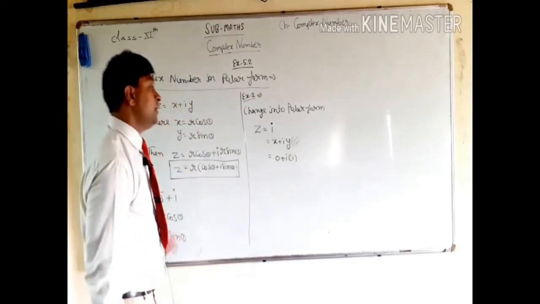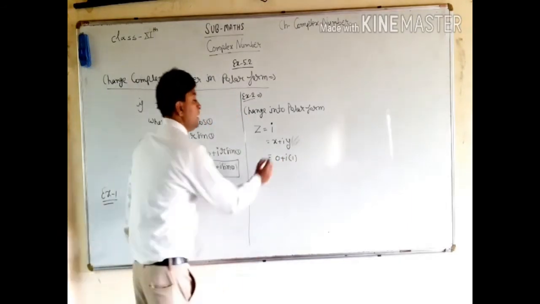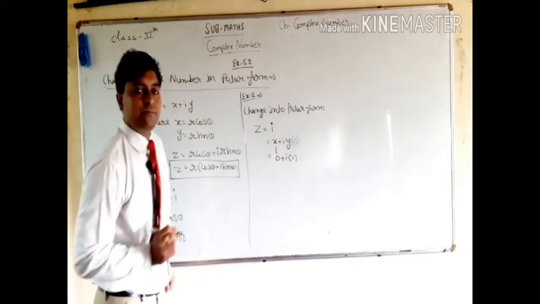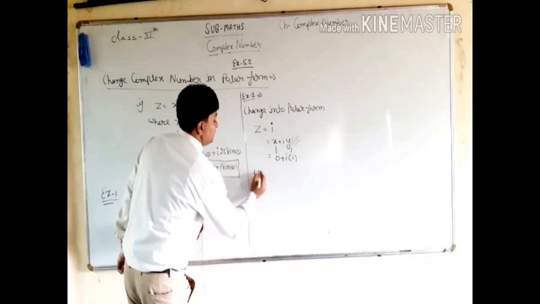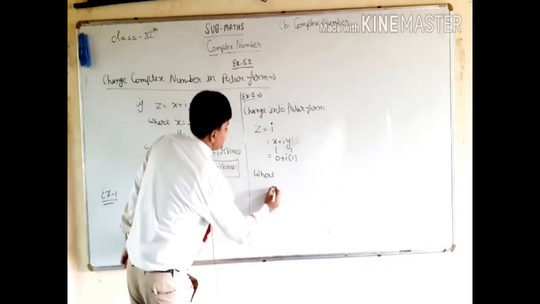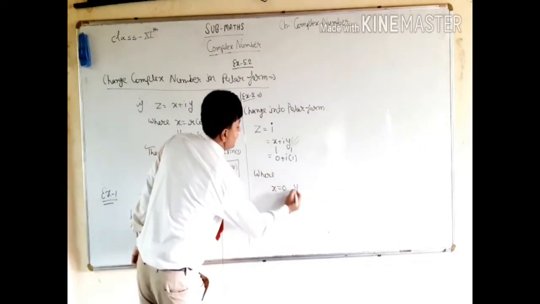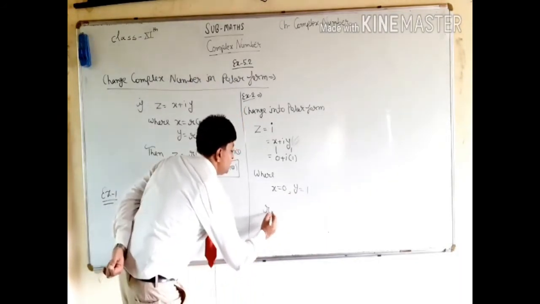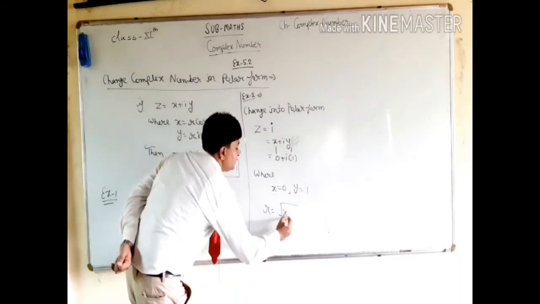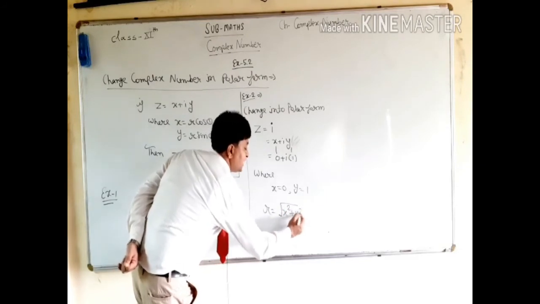Okay students? And we know that x is equal to 0 and y is equal to 1, then we know that r equal to under root x square plus y square.